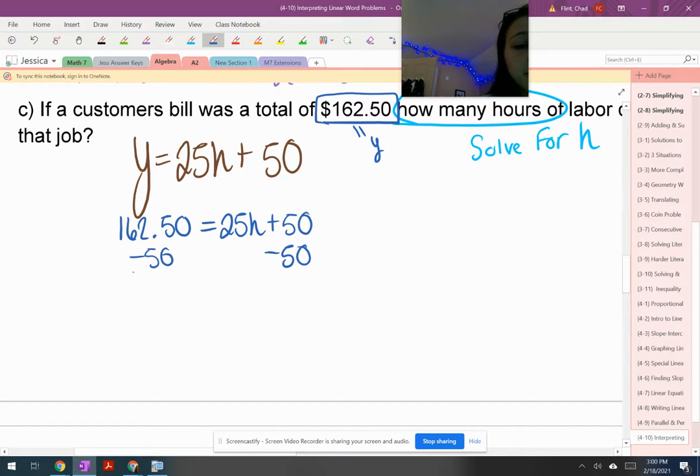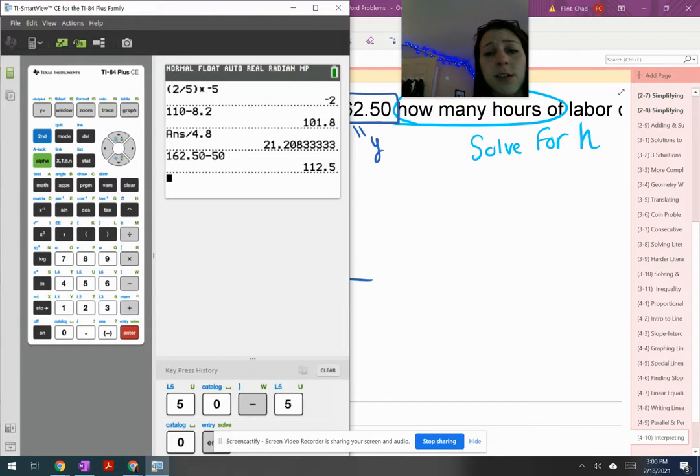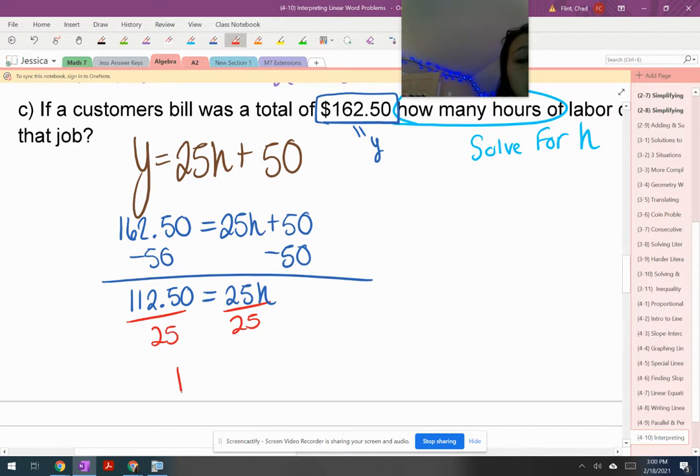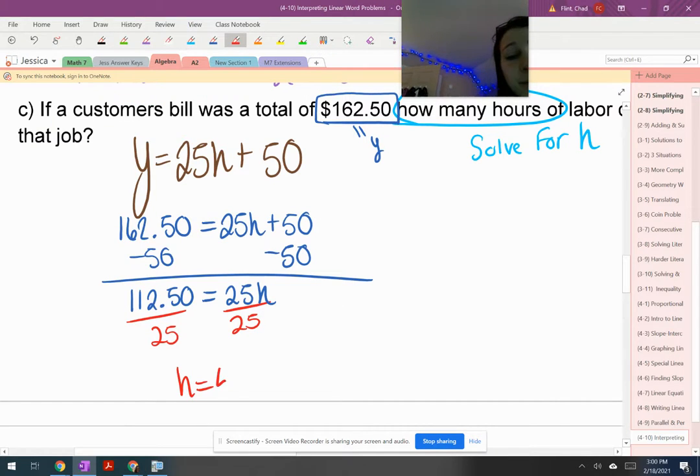Minus that $50 house call fee to both sides. 162.50 minus 50 is 112.5. I probably should have been able to figure that out in my head, but you get that h by itself by dividing both sides by 25, and you're left with 4.5.